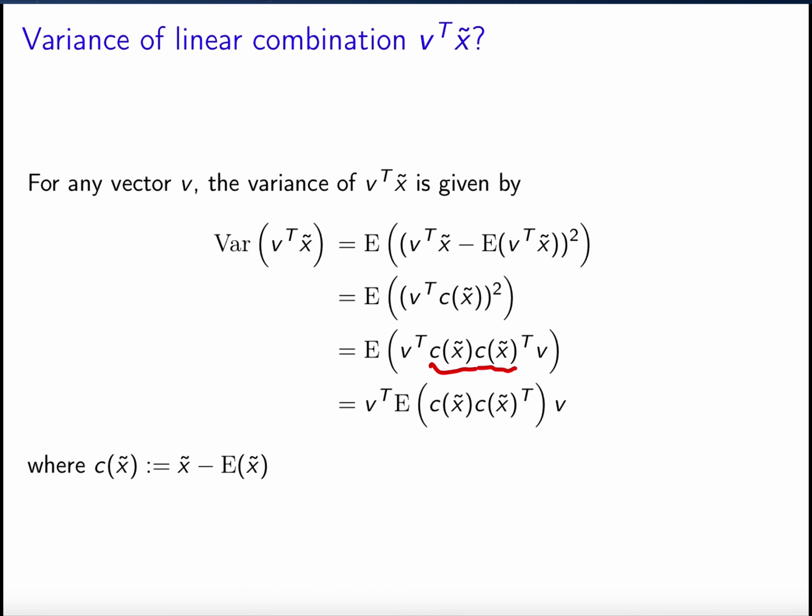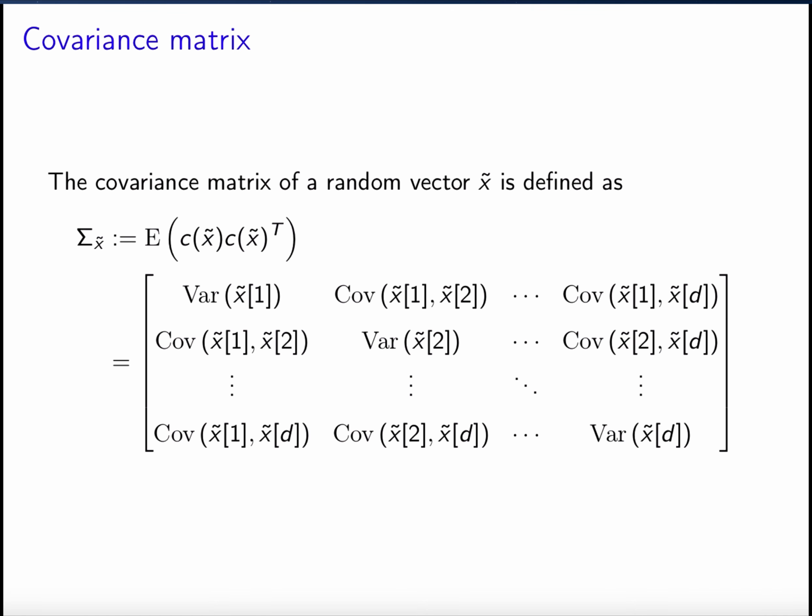If we want the expected value of the quantity inside, by linearity of expectation applied to random matrices, it is exactly the same as multiplying by v transpose and v outside and taking the expected value of the entries of this random matrix.